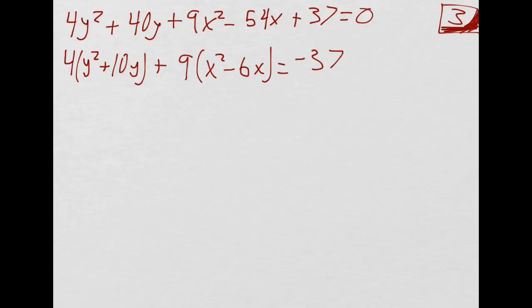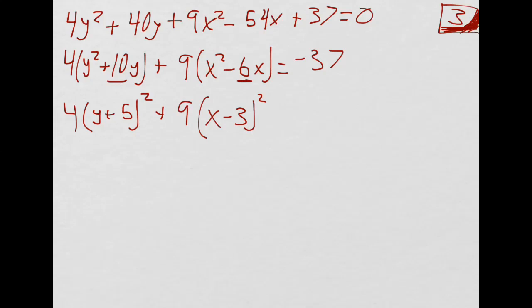Now that was fun. So now let's complete the square on both. Not too bad. We're going to get y plus 5 squared on that one. Again, I just took half of the linear piece of y there. Plus 9 times x minus 3 squared.